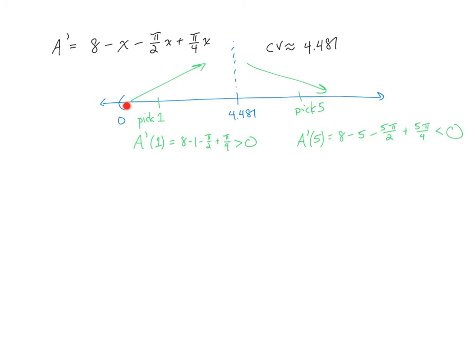So the function will be increasing between 0 and 4.481. And I picked 5 to the right of 4.481, and you'll get something that's negative, which means the original function is decreasing, which means then there is a relative max at x equals 4.481.